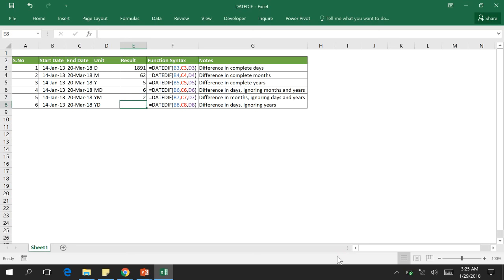Now moving to my last unit, which is YD. First argument start date, second argument end date, and third argument is my unit, which is YD. So it will calculate the difference in days, ignoring years but considering months. So this is how you can calculate the time duration between two dates in 6 units.